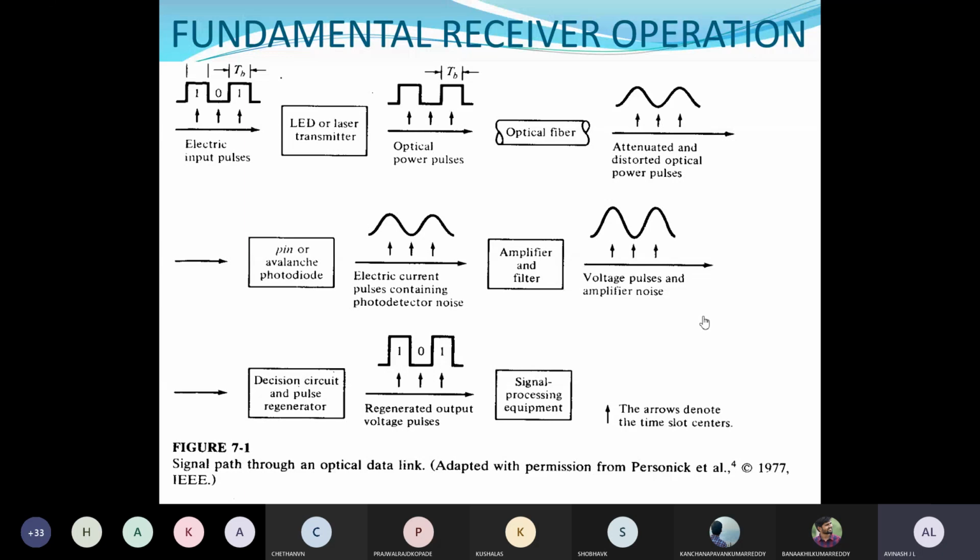Please make a note of this particular diagram, all of you. Please write the diagram. Please observe the diagram. If you get any doubt, you can ask me.